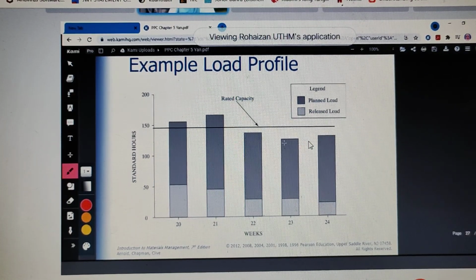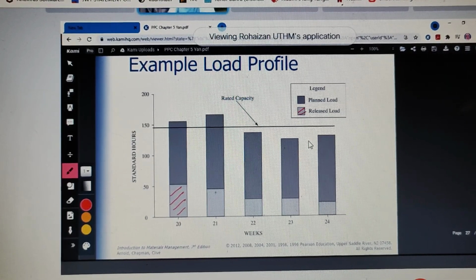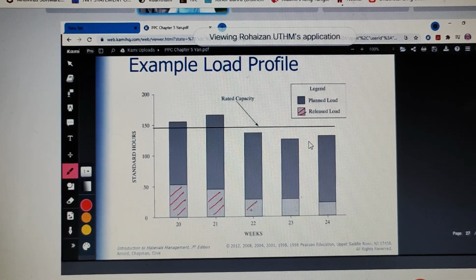This is the planned load, then we have the release load, and this is the rated capacity, meaning what we have. So we know that this is over capacity, and this is also over capacity. This is compulsory. You need to know how to do it.